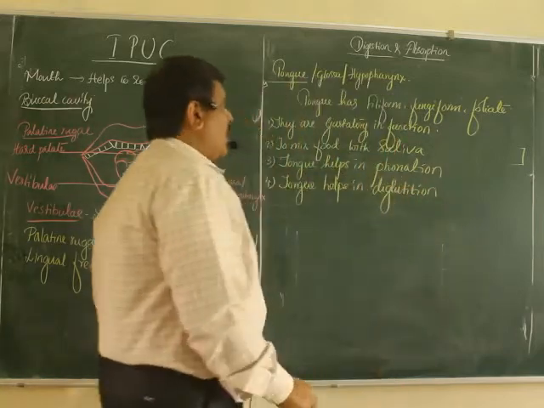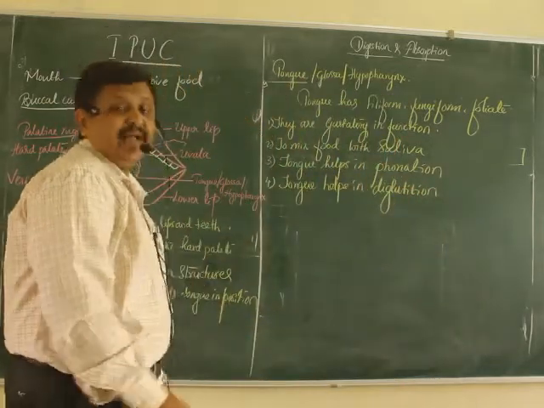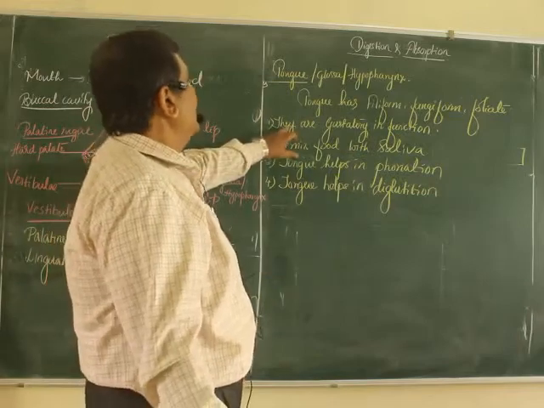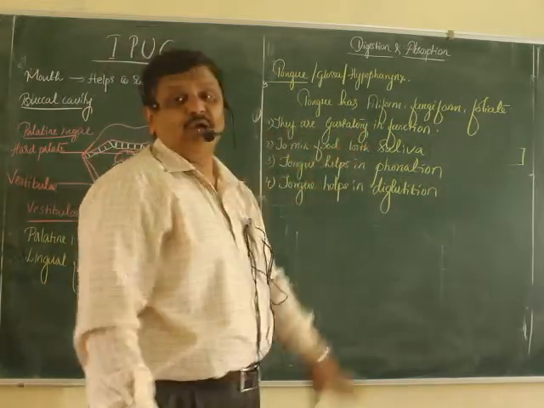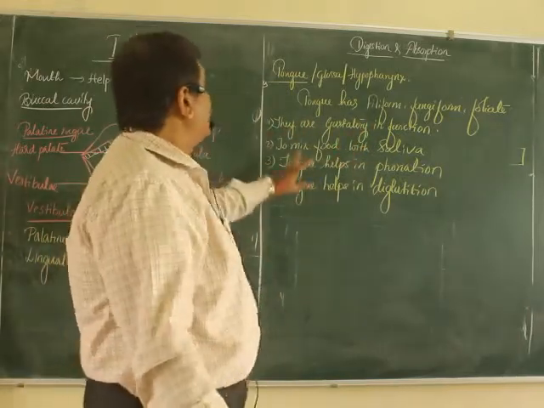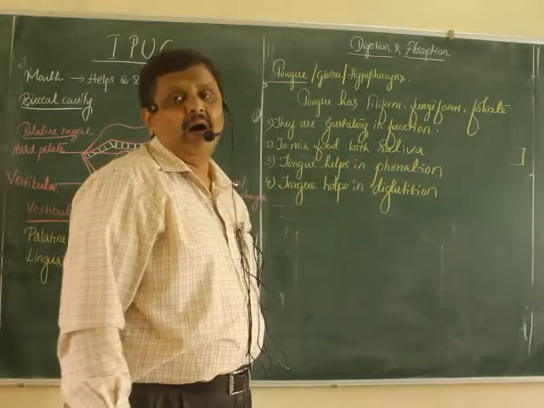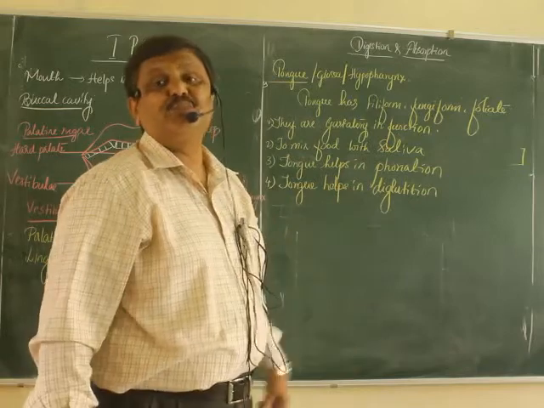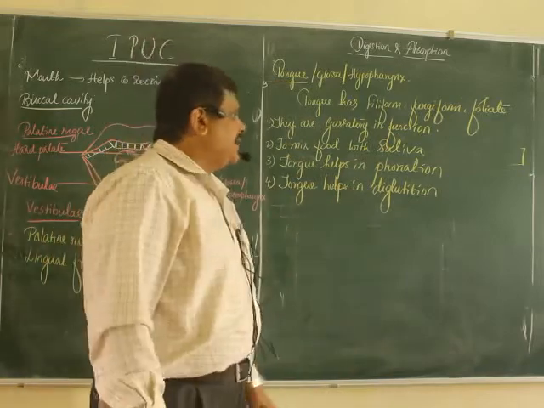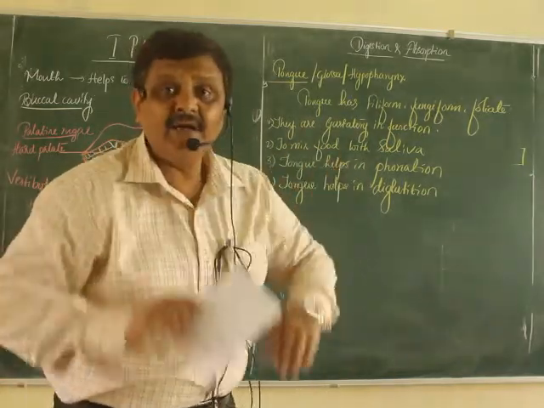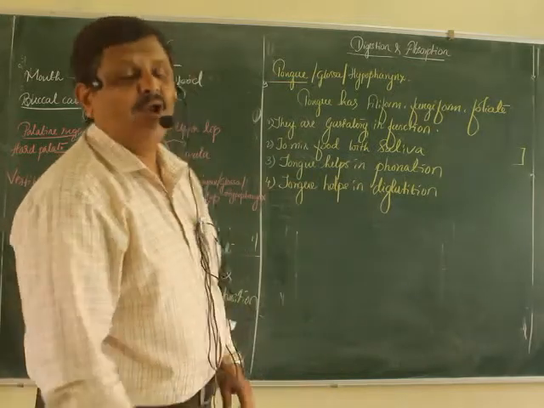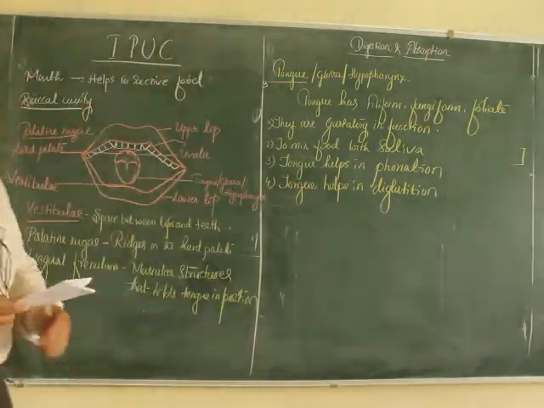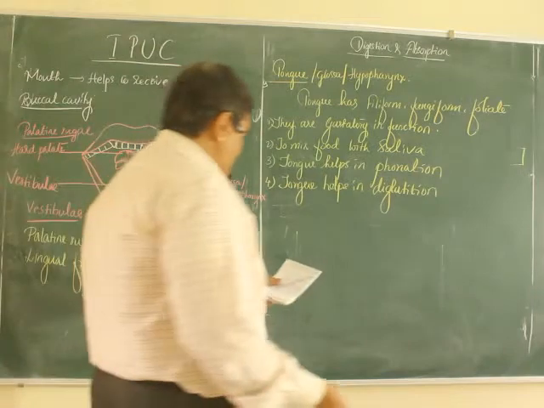Write down all these points. They are all important for your need also. They are gustatory in function, to know the taste. To mix the food with the saliva, of course it will do. Then tongue helps in phonation, to speak. Tongue helps in deglutition. Deglutition means swallowing.